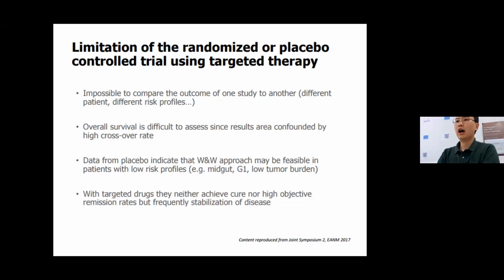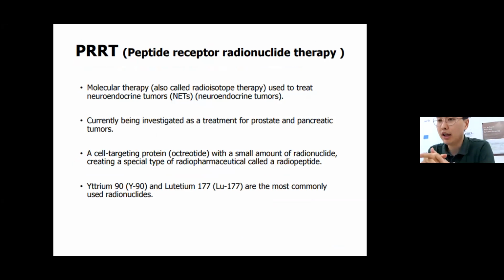So a new agent has emerged and gathered interest: peptide receptor radionuclide therapy, which is PRRT. It is currently being investigated as a treatment option for prostate and pancreatic cancer, and it uses a cell-targeting ligand, a somatostatin analog, and puts a therapeutic radionuclide of yttrium or lutetium on it to get a therapeutic effect.